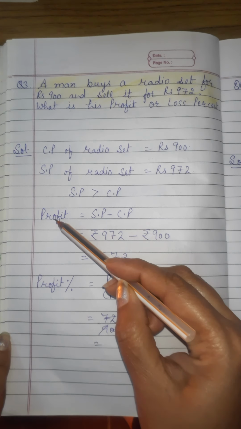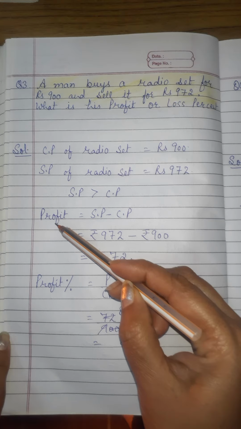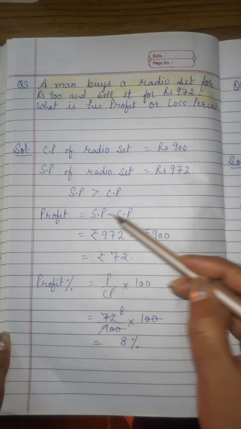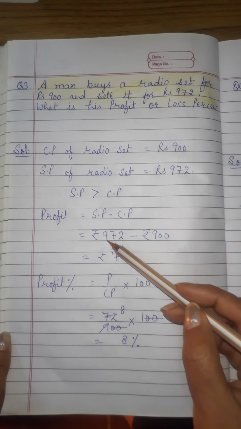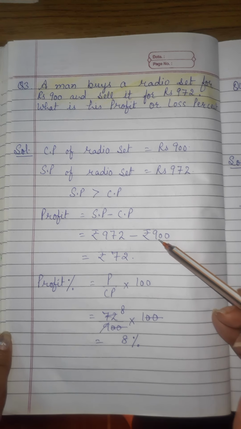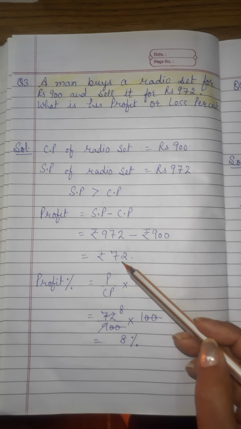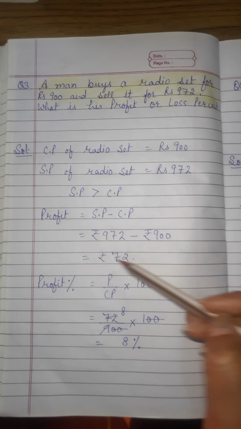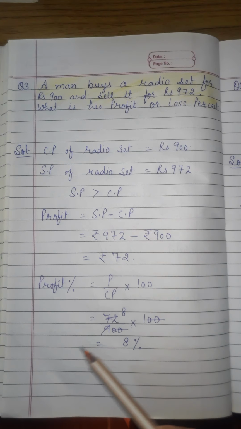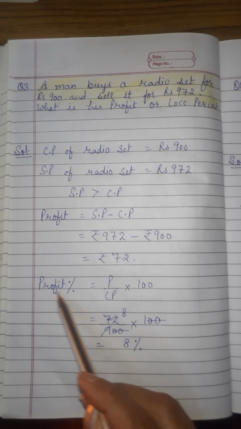So the man has profit. To get profit we will subtract SP minus CP. When we subtract 900 from 972, we will get rupees 72. So 72 rupees is the profit. Now we will get profit percent.